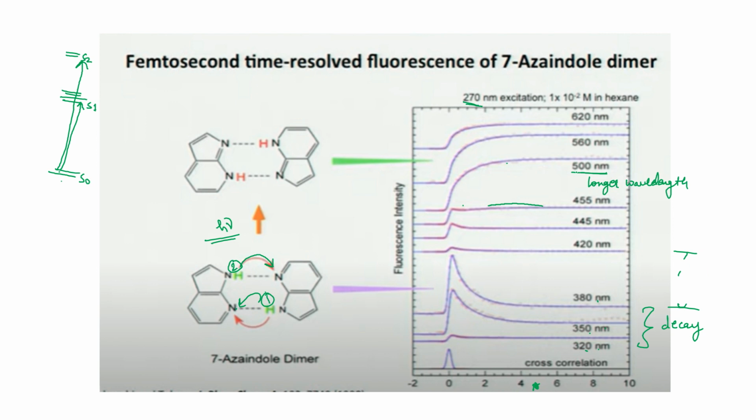When you record at 500 to 560, you will see there is a rise in signal. What does this state? This states that there are two signals, right? What you observed from the steady state emission spectra was only a single signal, and here you get the information that there are two signals. When one decays, the other one rises.